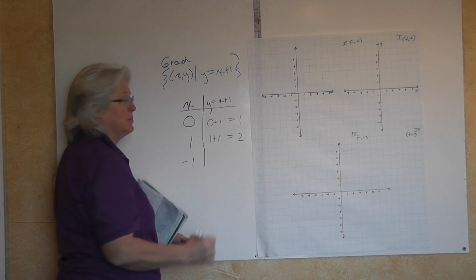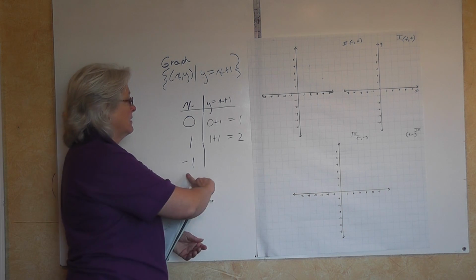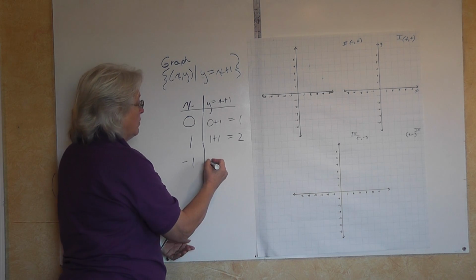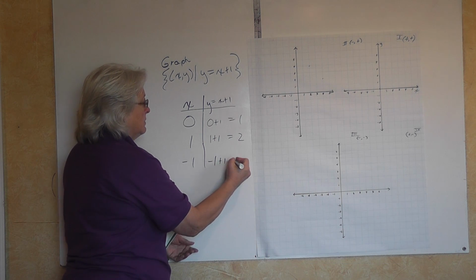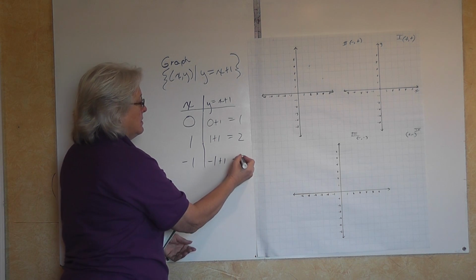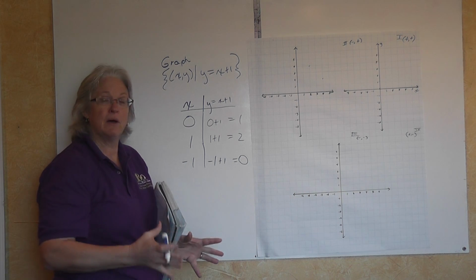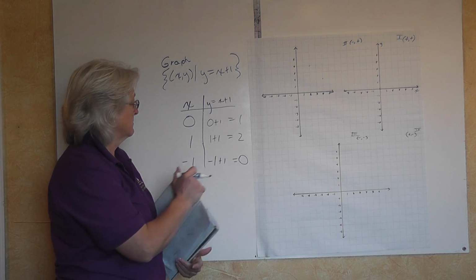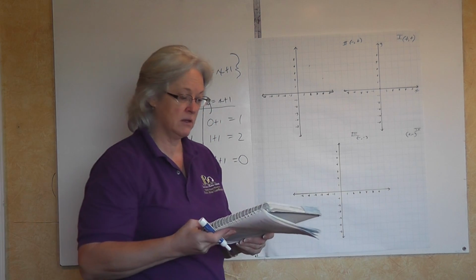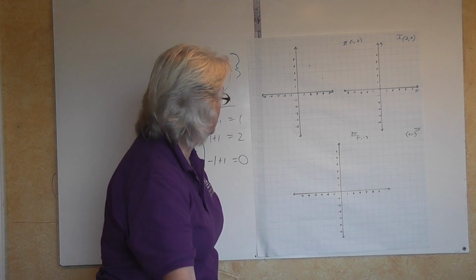I think I'll go ahead and put x is negative 1. When x is negative 1, y is equal to negative 1 plus 1, or y is equal to 0. We now have 3 points, and we can graph these 3 points. We're going to plot them.